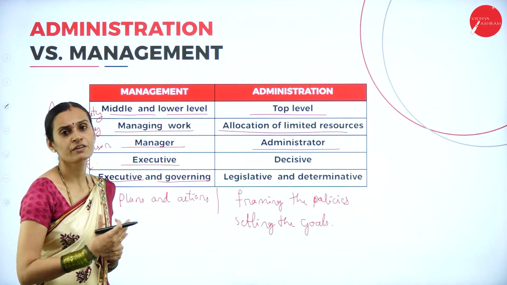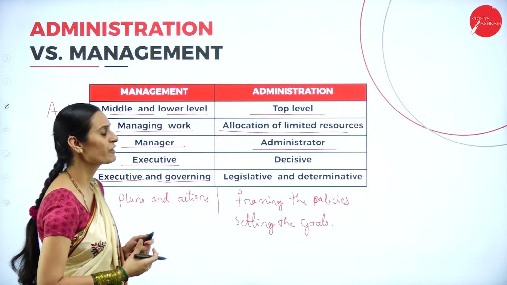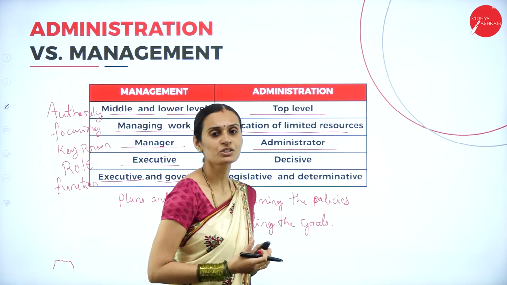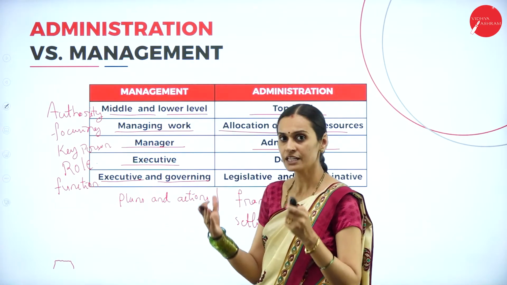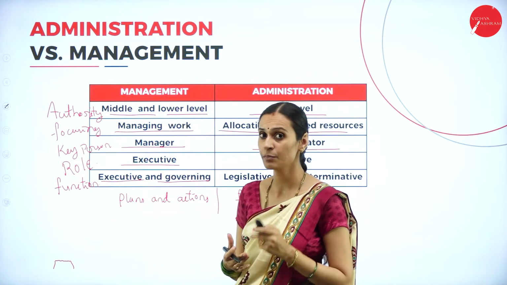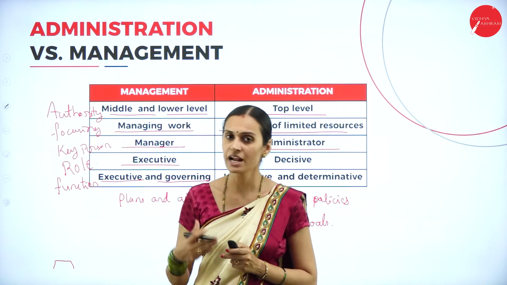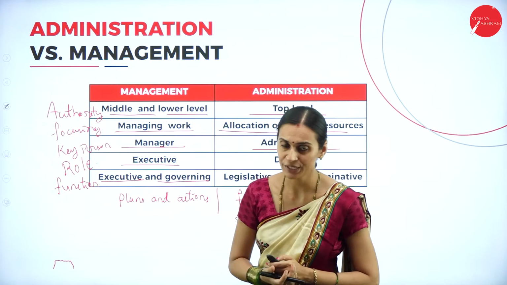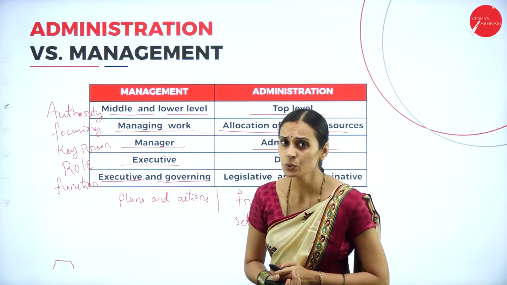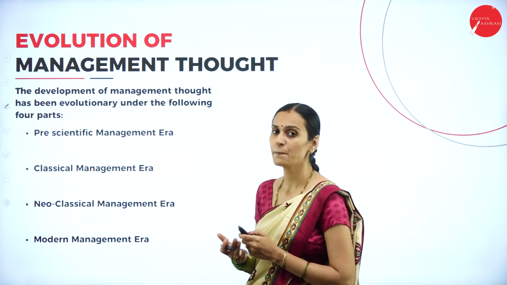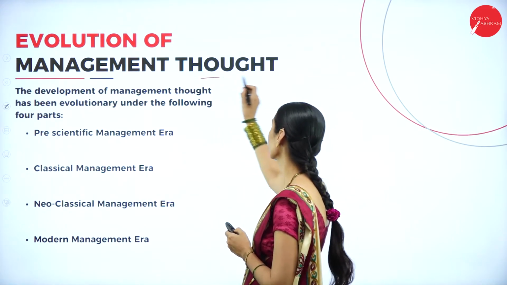You can note more differences. So these are all the differences between administration and management. The meaning of administration is very important for 2 marks, and the differences between administration and management are also a very important concept. Next, let us go to the evolution of management thought.